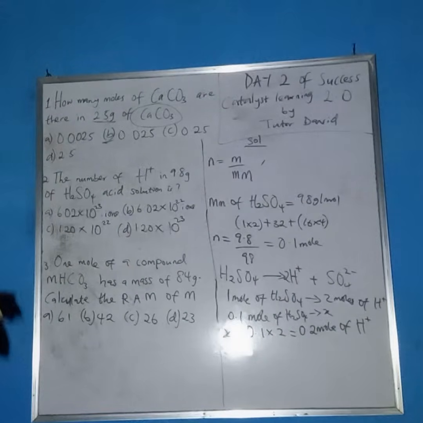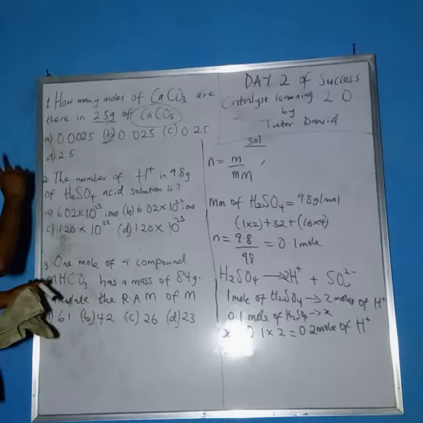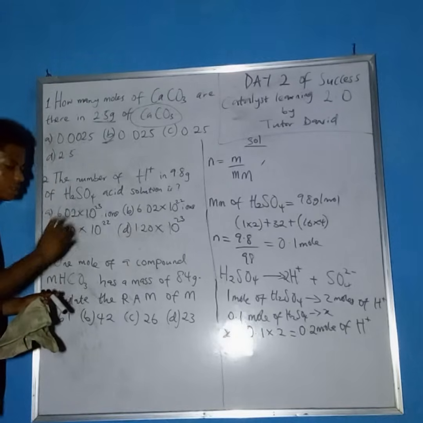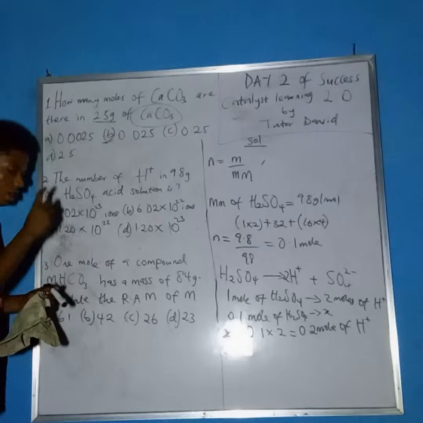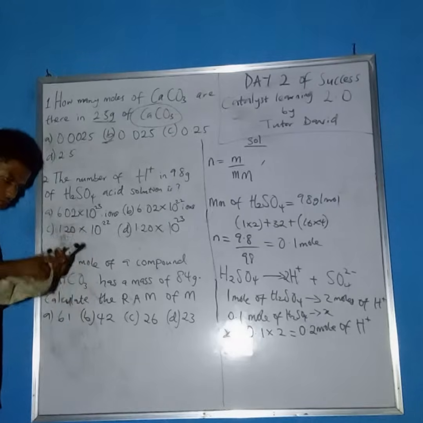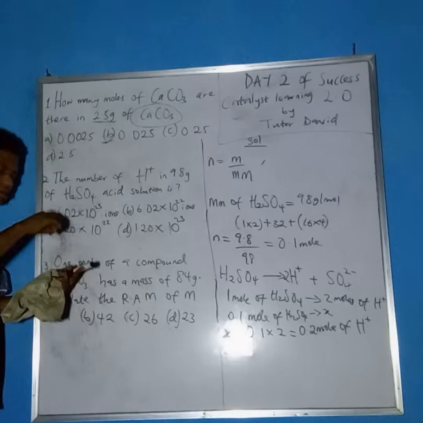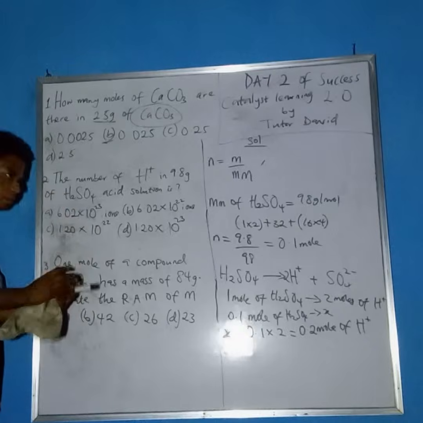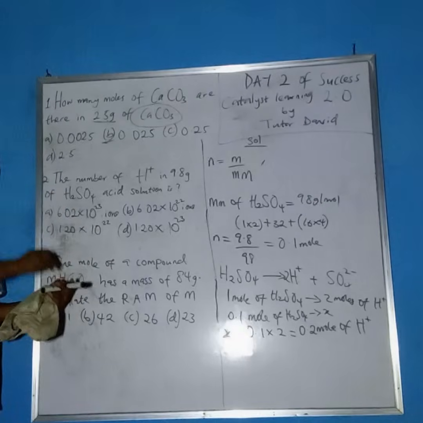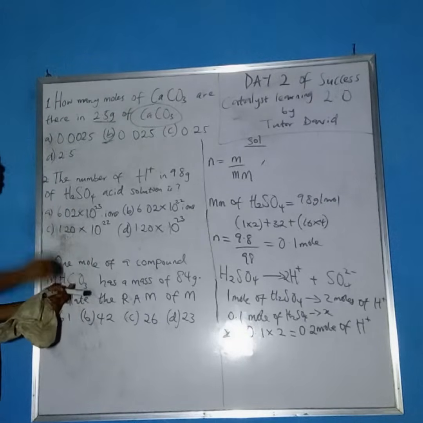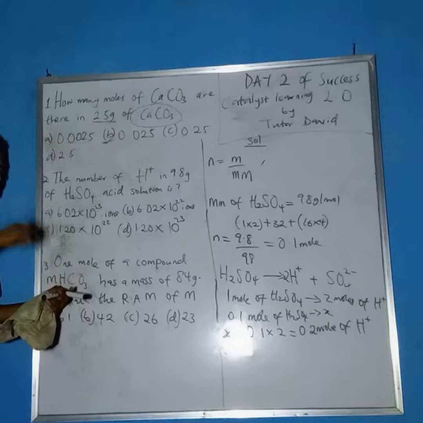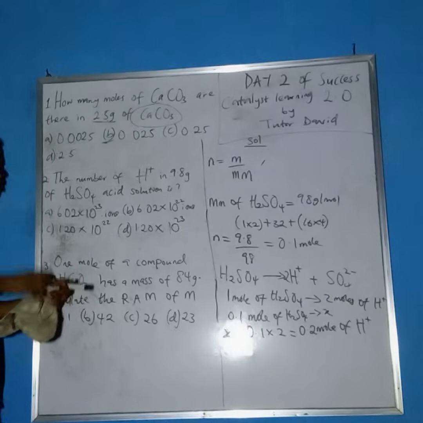Then let's recall Avogadro's constant. He said that any substance, particle, compound, ion, or molecule contains 6.022 times 10 to the power 23. That is its constant.